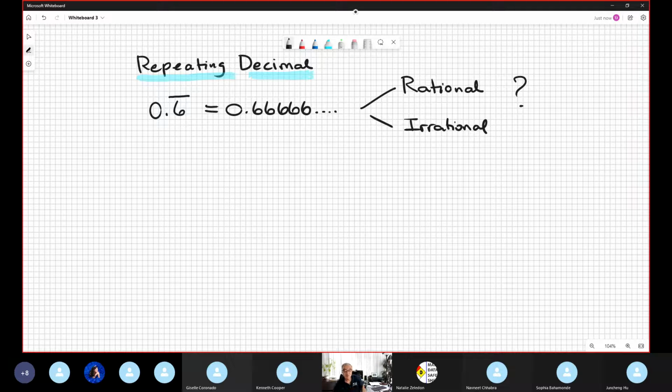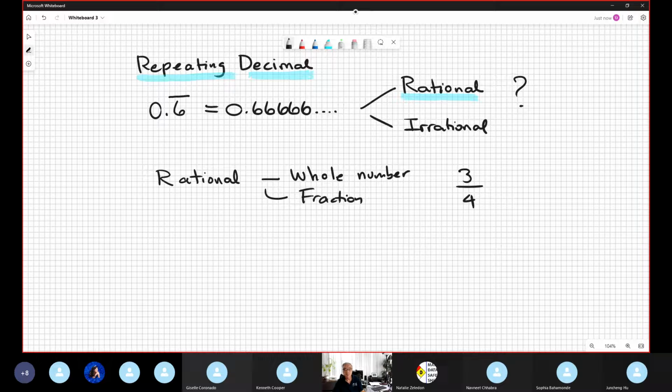You are right. Why? Because rational is any number that we can express it. For example, rational is a whole number, of course, and also fractions. So it's a number that we can write like 3/4, like a fraction.